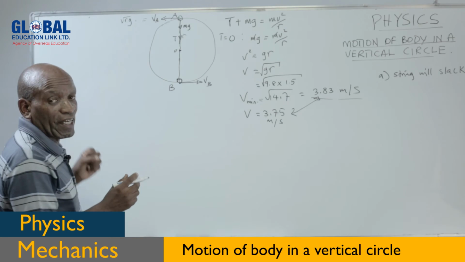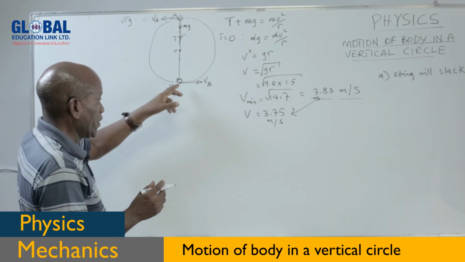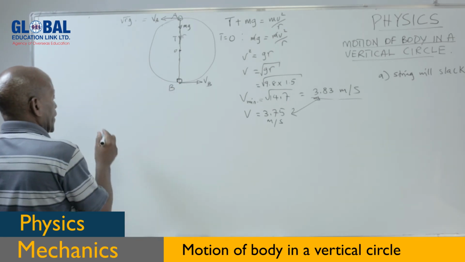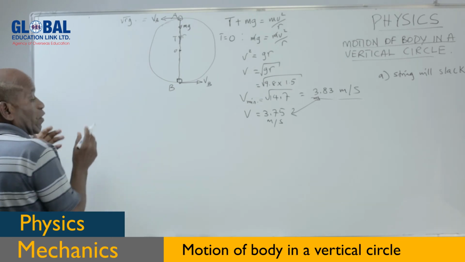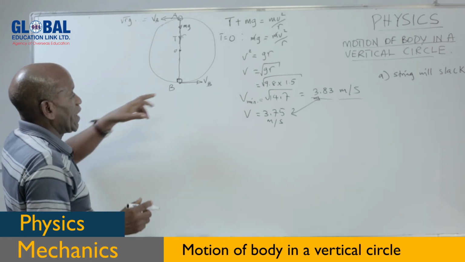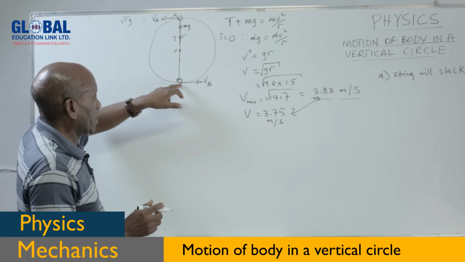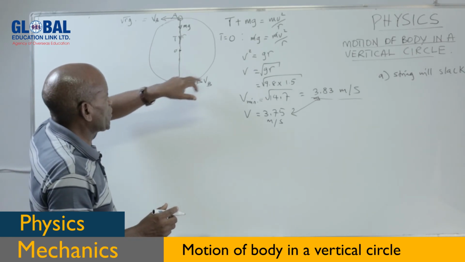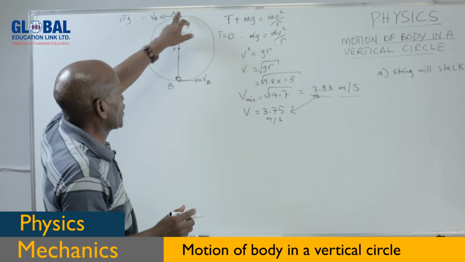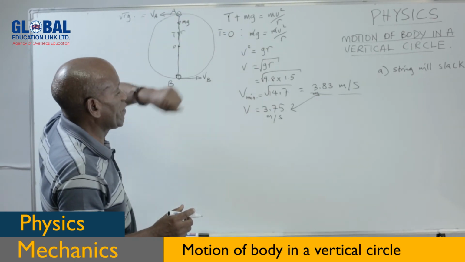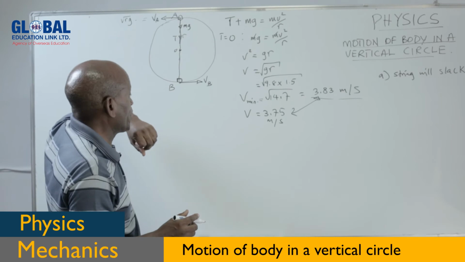at the kind of energy possessed by a body whenever it's passing at the bottom there. So by the conservation of energy, the total energy possessed by a body at the bottom there should just be equal to the total energy possessed by the body whenever it is at the highest point there.